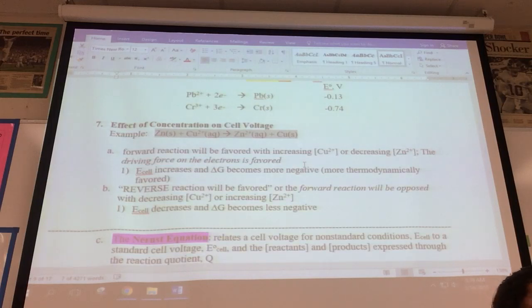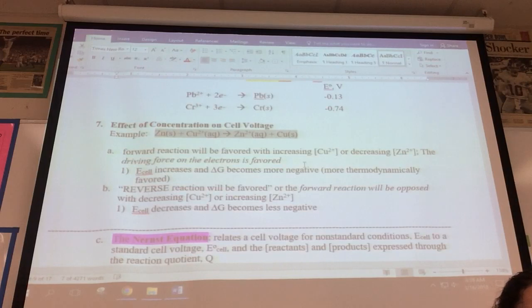So you can't use Le Chatelier's principle to explain what happens to voltage when you alter the concentration. Yet it is helpful when you think about it in your interpretation. So in a multiple choice situation, yeah, you're going to dive right in with it because it's going to work.